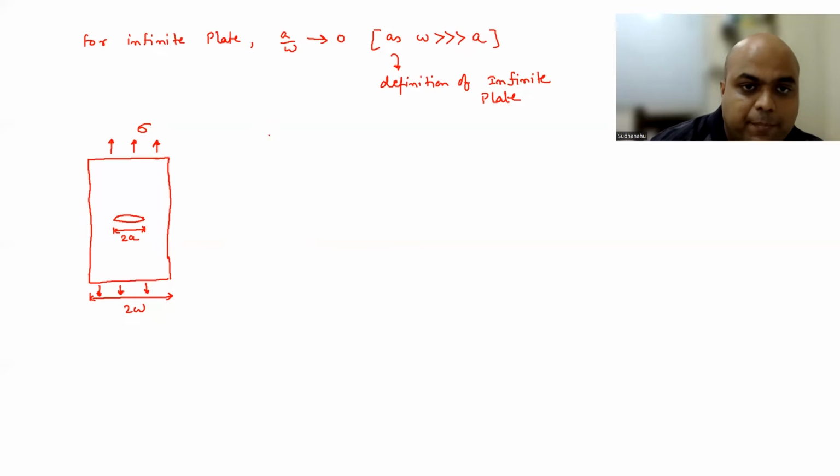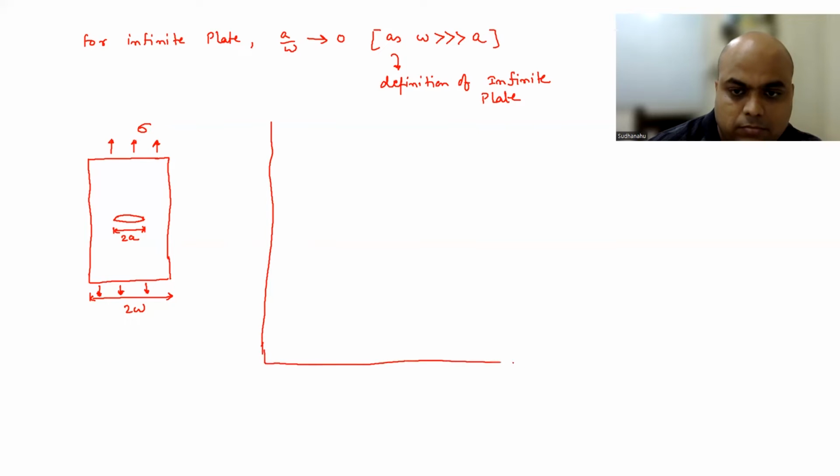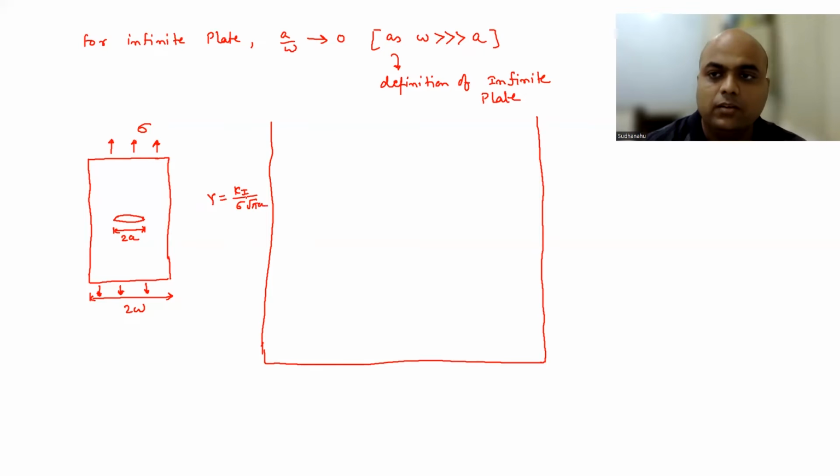Okay, so if I plot Y, which is the structure factor, a function of K1 by sigma root pi A, I'm plotting Y versus A by W. And we know that as A by W tends to 0, the plate becomes infinite. And in an infinite plate, the structure factor is 1. So it will start from 1.